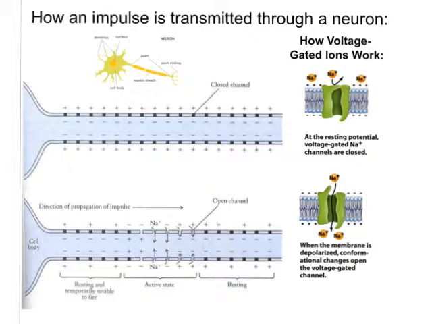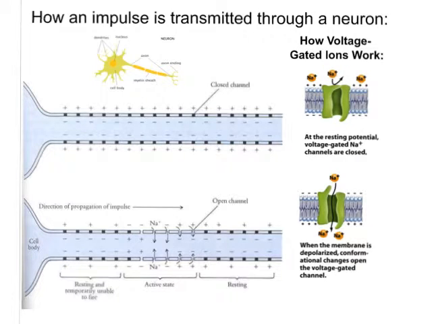We have what are called gated ions. And across that potential, we have a gated ion being represented. This right here represents this axon.